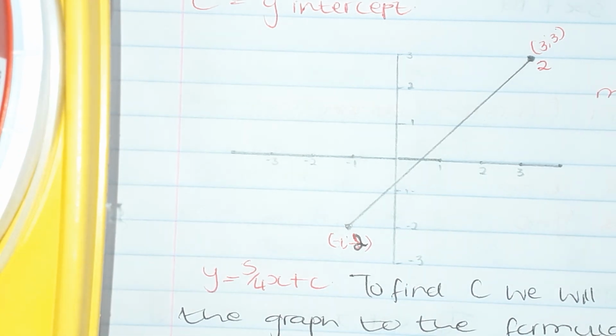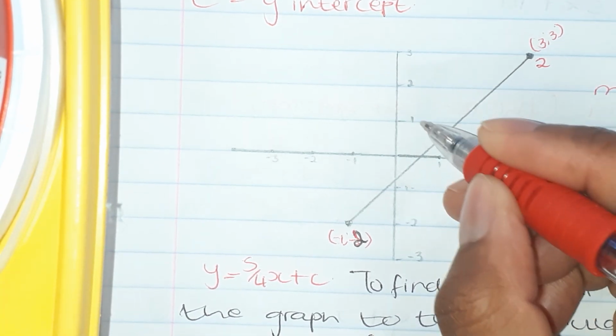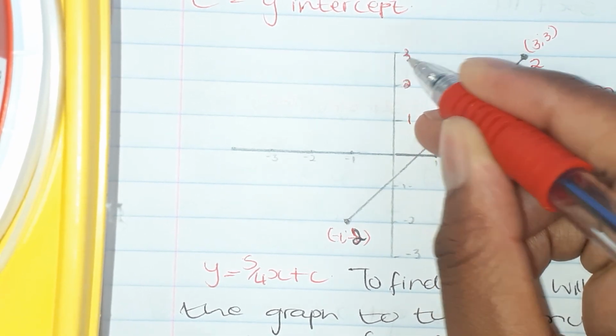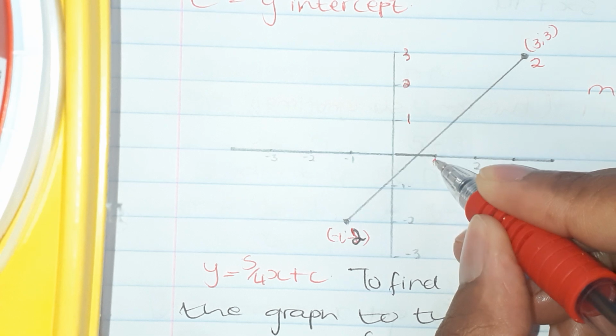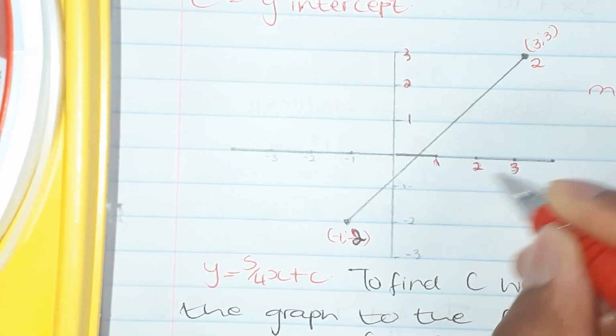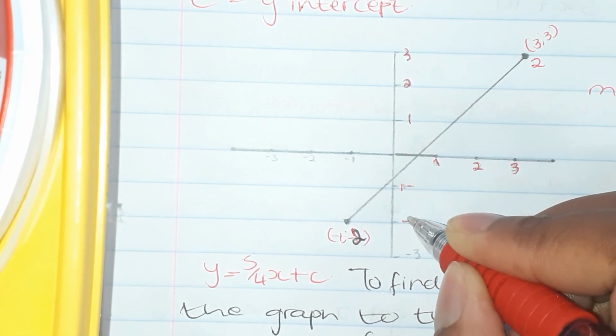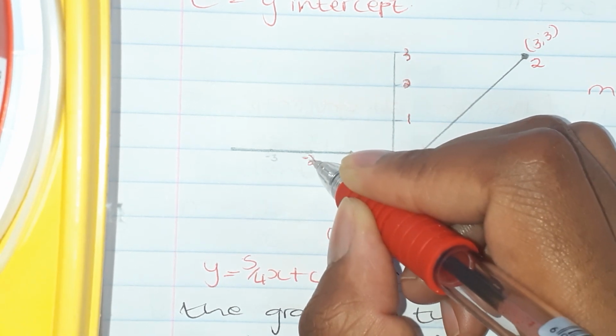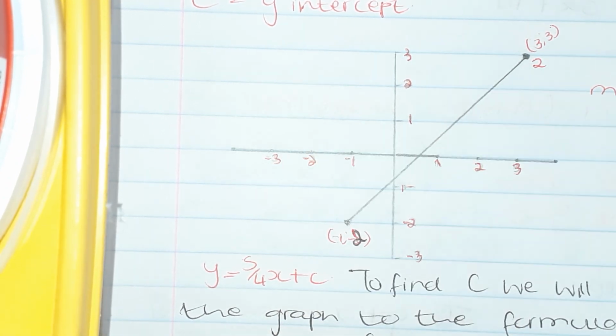Now let's say you are given this graph over here. This is 1, this is 2, this is 3. This is also 1, 2, 3, -1, -2, -3, -1, -2, -3.